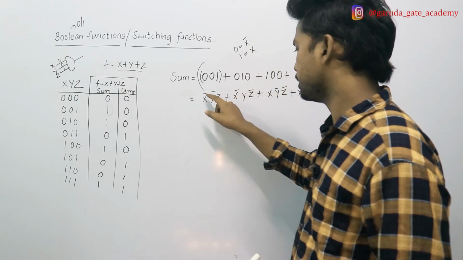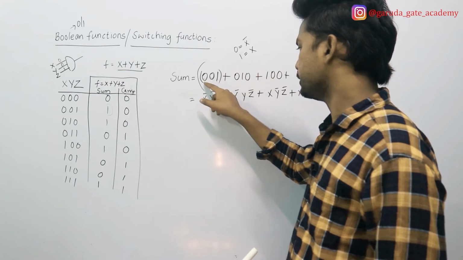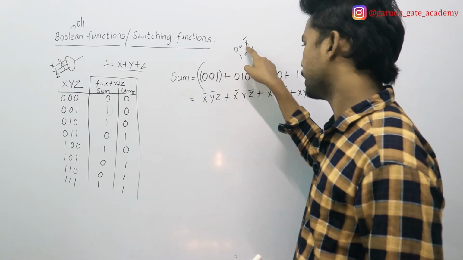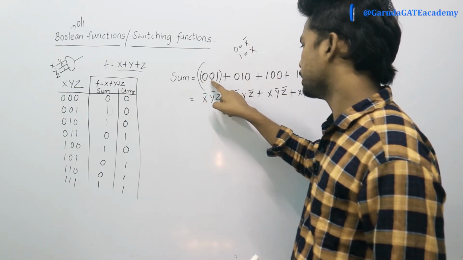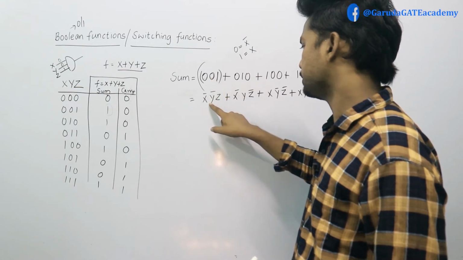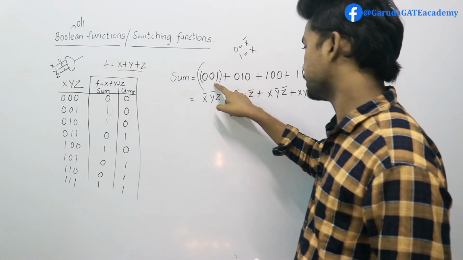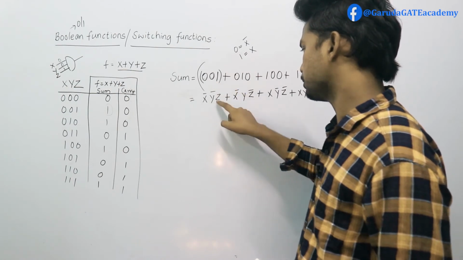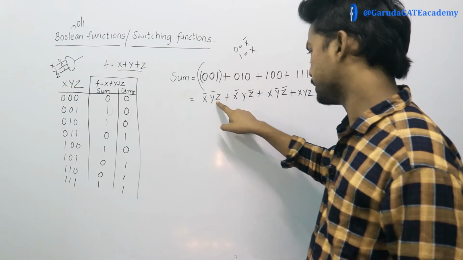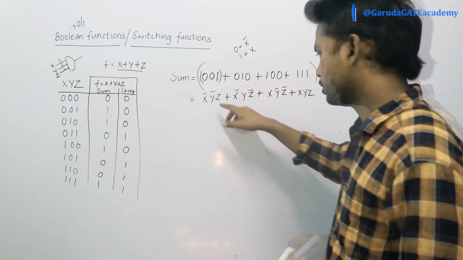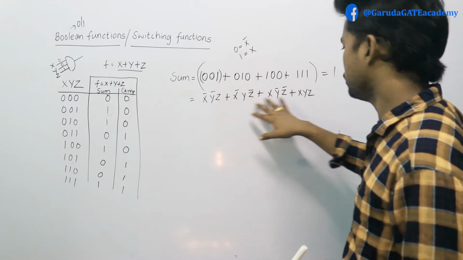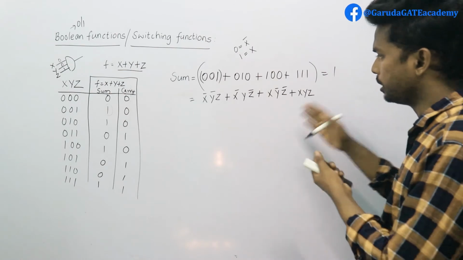Here, in the place of x there is 0, that is why I have taken x bar. Here there is 0 in place of y, which is why I have taken y bar. Here, in the place of z it is 1, so I have taken z. This will continue to the other elements as well.